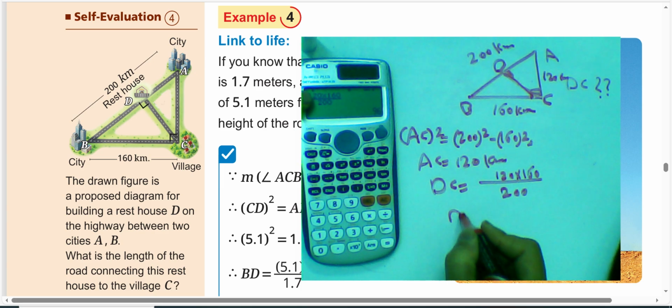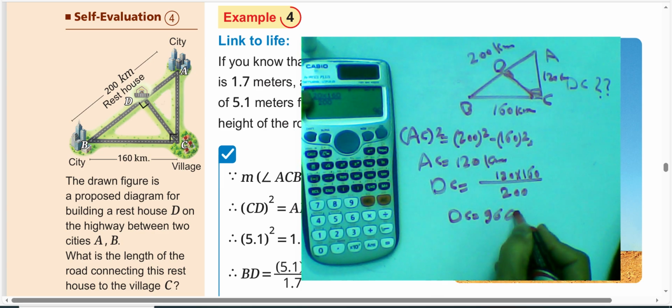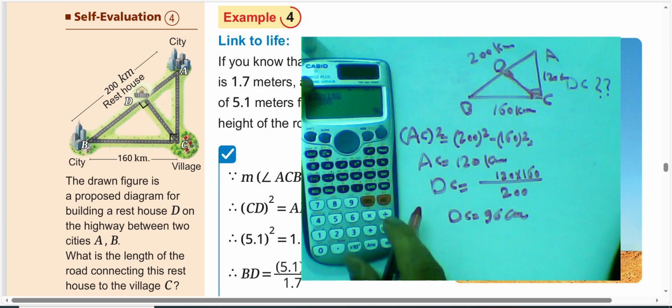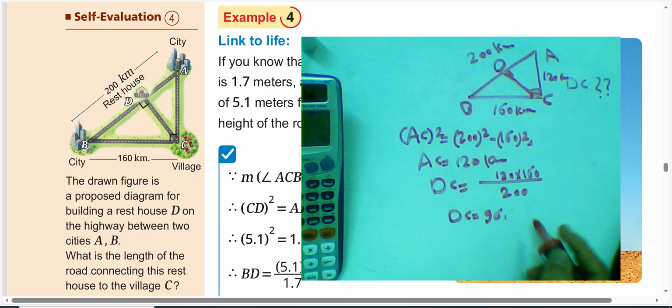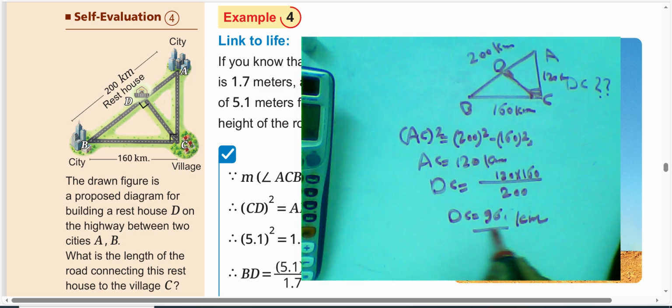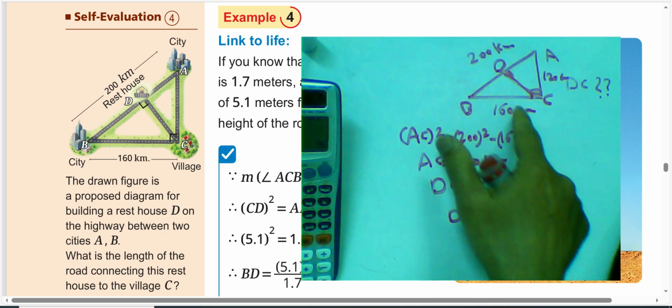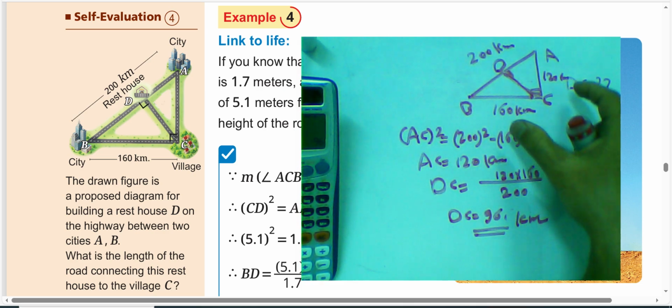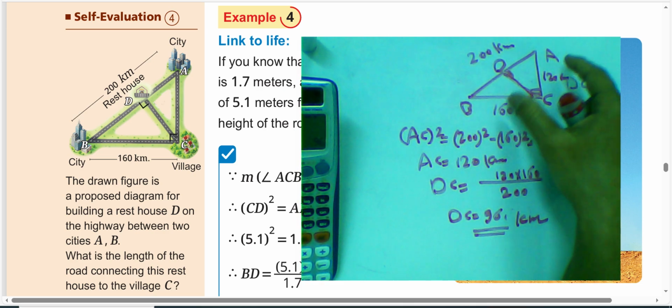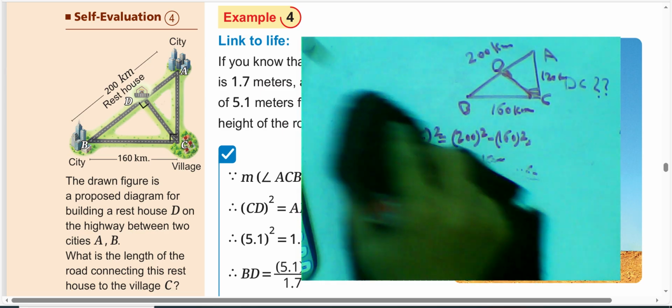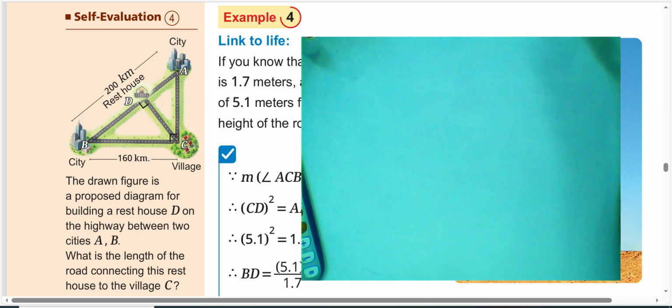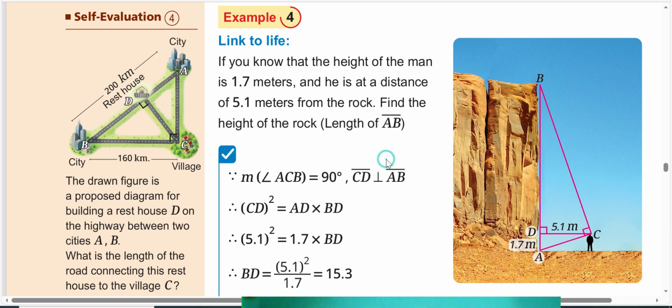It will be 96 kilometers. Okay, 96 kilometers. Then first step, we find EC from the Pythagoras theorem, and then find DC from Euclid's theorem, the product between two sides in the triangle divided by the hypotenuse. Okay, my students, understood? Next question.